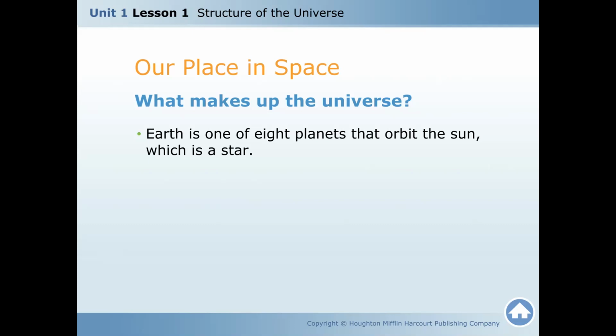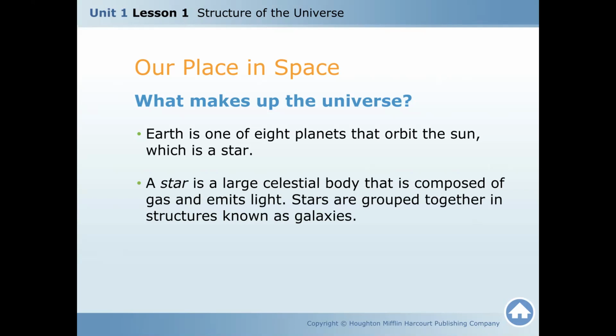Can you imagine other solar systems existing? It's unimaginable. In fact, there's a favorite phrase that I like to use, and that is, it's more than a notion. A star is a large celestial body that is composed of gas and emits light and heat energy. Stars are grouped together in structures known as galaxies.